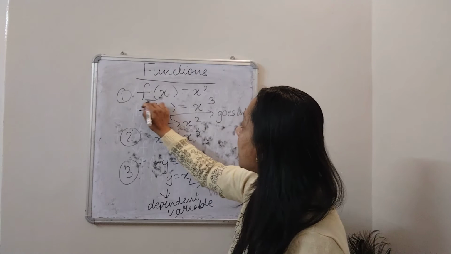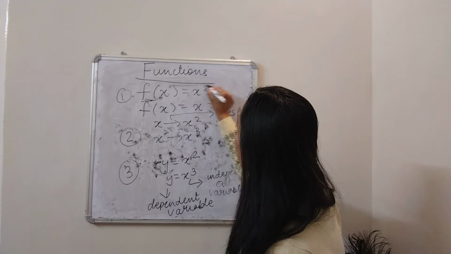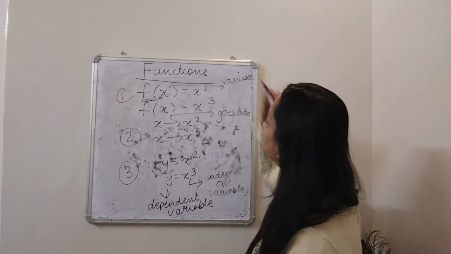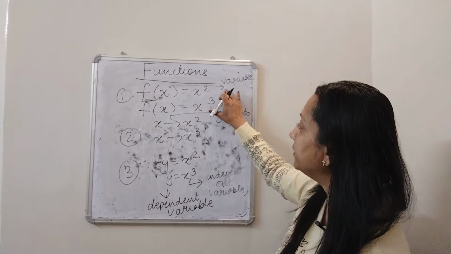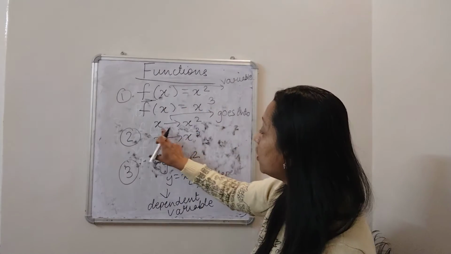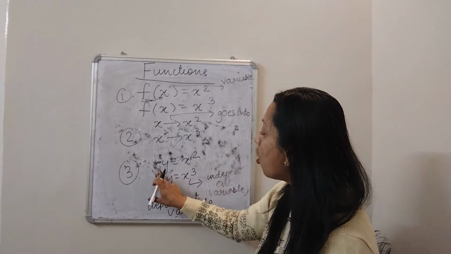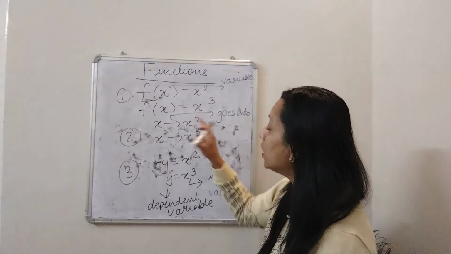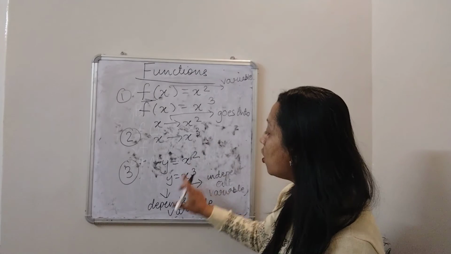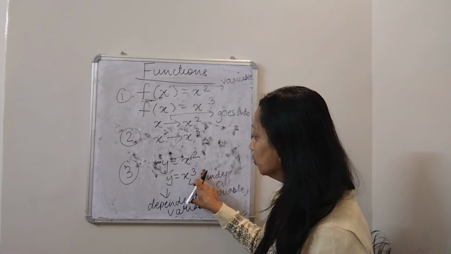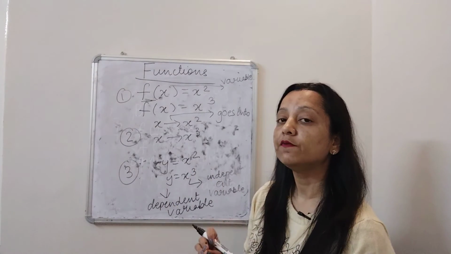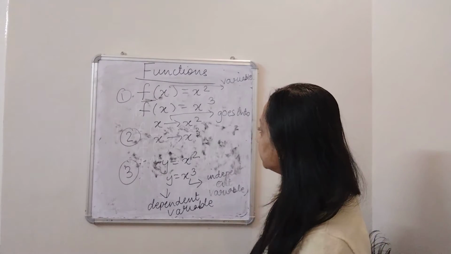In this case, f is called the function and x is called the variable. So mathematically the same function can be expressed in three different manners: f(x) = x squared, or x goes into x squared, or y = x squared, and likewise for x cubed. These are the three different methods of expressing functions in a mathematical manner.